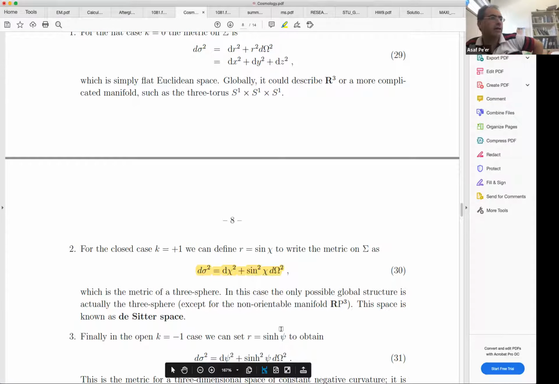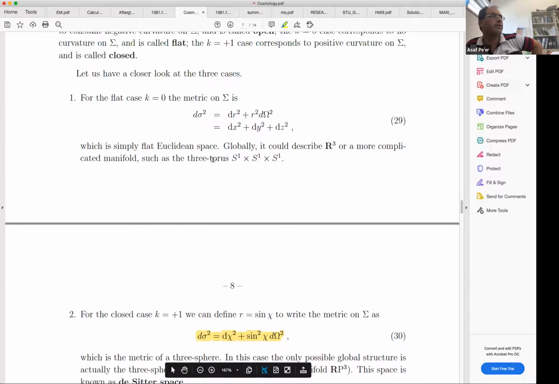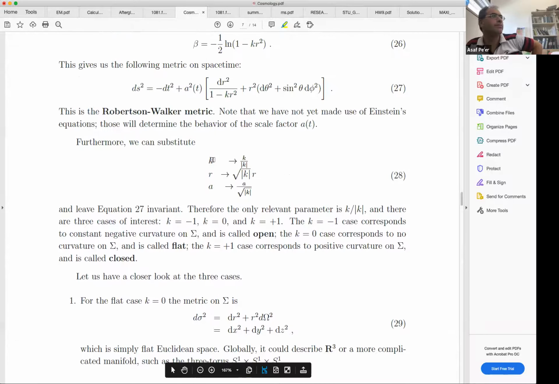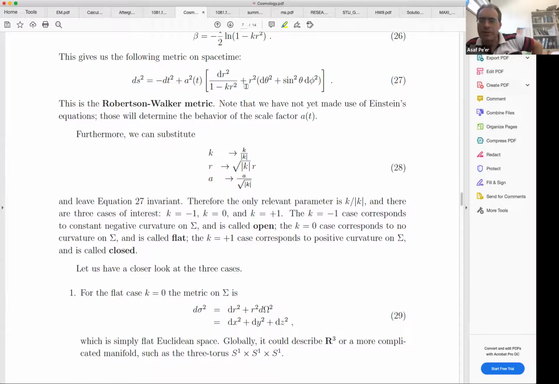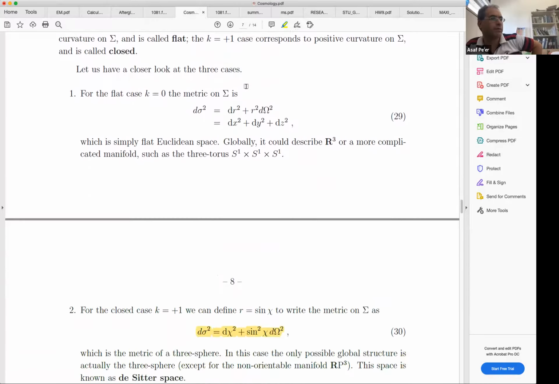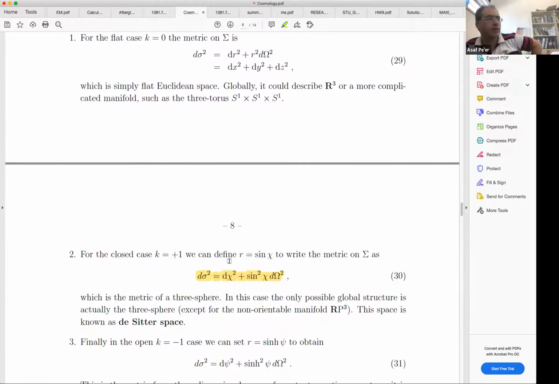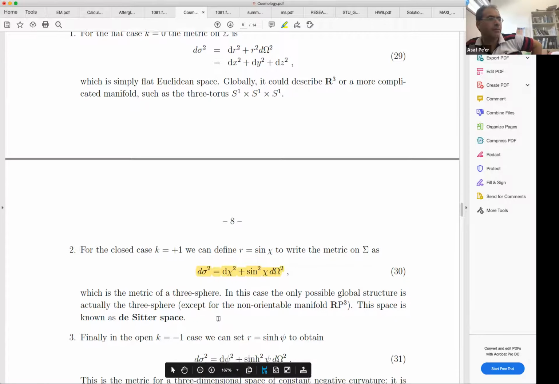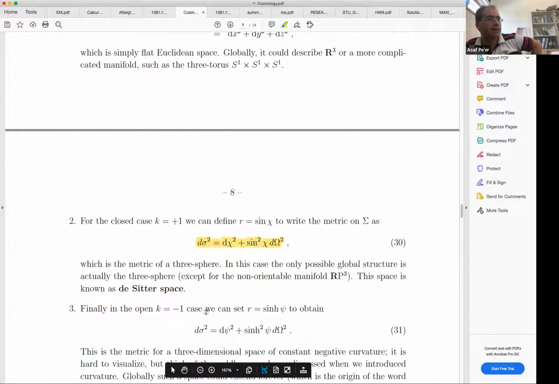And again, when k is equal to -1, in the denominator you have 1 plus r squared, which is 1 plus sinh squared, just cosh squared. Again, remember this. And you end up that in that case, this sigma squared is just d psi squared plus sinh squared psi d omega squared.